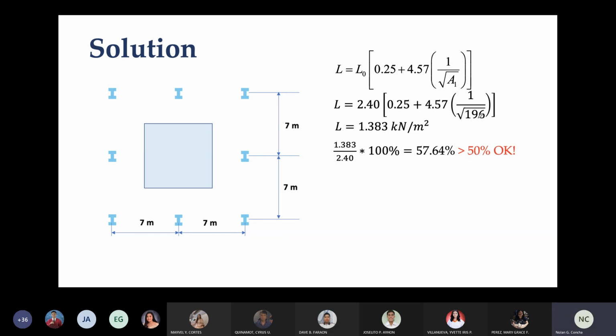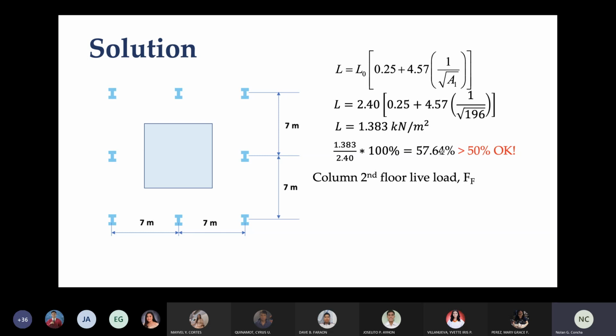And sabi ng code, dapat hindi bababa sa 50% yung reduction. So from 2.4 naging 1.3 na lang. No? And yung percent na natira is 57%. So okay pa siya. Kasi pag mababa na sa 50%, sobrang laki naman nung na-reduce. So kung mababa sa 50%, hindi pwede. So okay tayo, 57.64%.